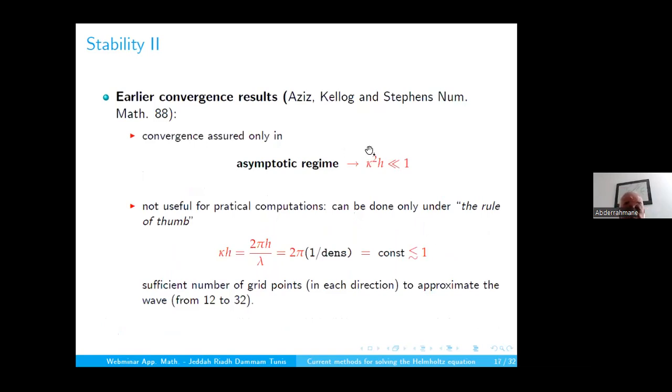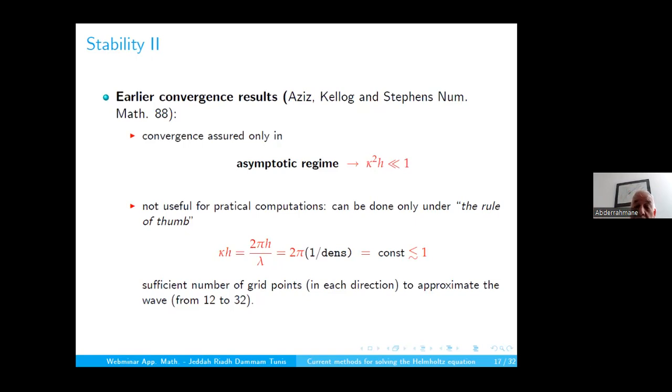Earlier convergence results show that if you have a condition, for instance here for h, you take 24 nodes per wavelength, you get the correct approximation.